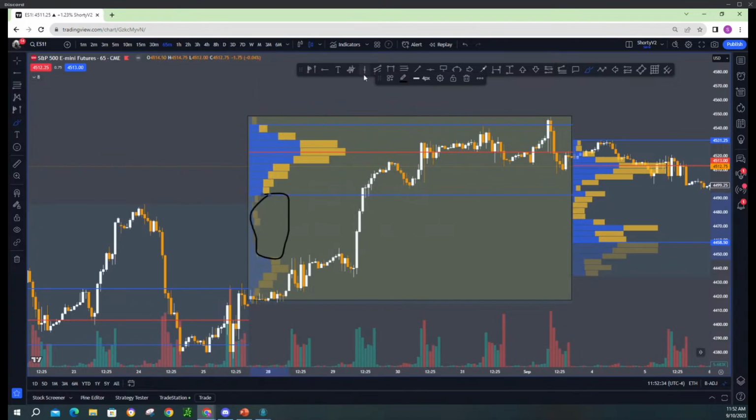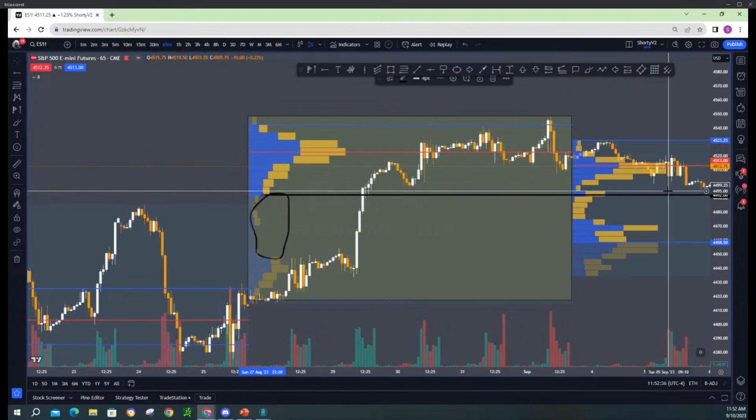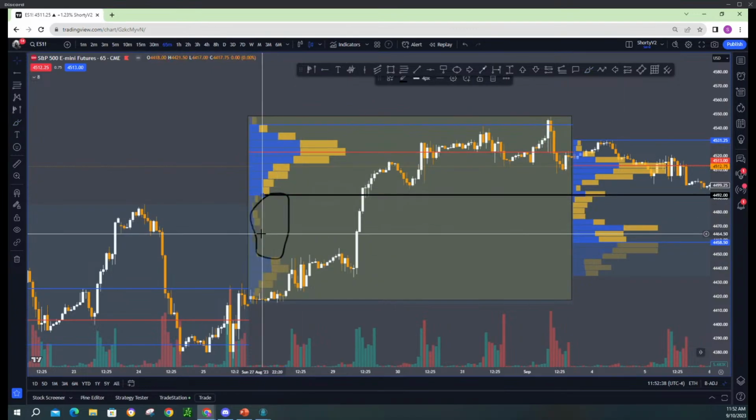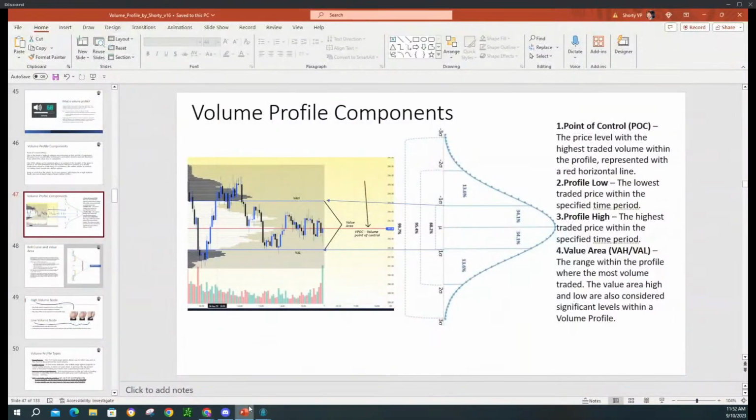So this is your value area low. Right below it, there's no volume. Does that make sense? Because if there's no volume, it's not going to be part of the value area. Value area consists of how much? What's the percentage of volume for value area? What's the first standard deviation?